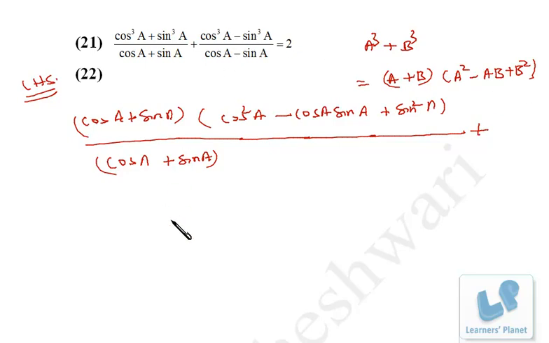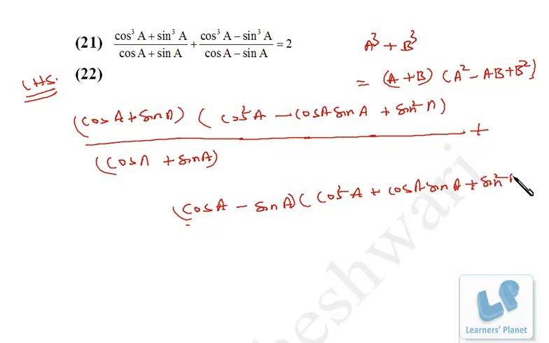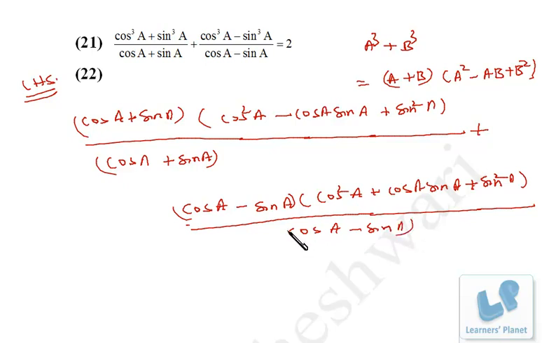So I just expand it. So it's (cos a minus sin a)(cos square a plus cos a sin a plus sin square a) by cos a minus sin a, right?